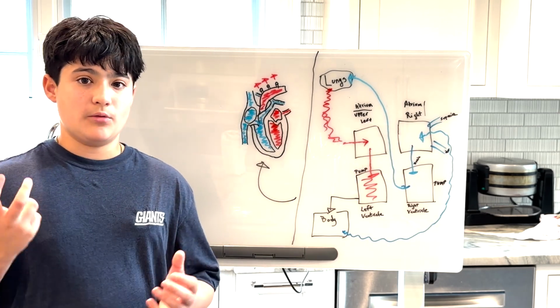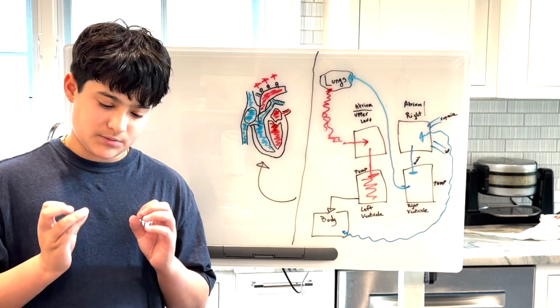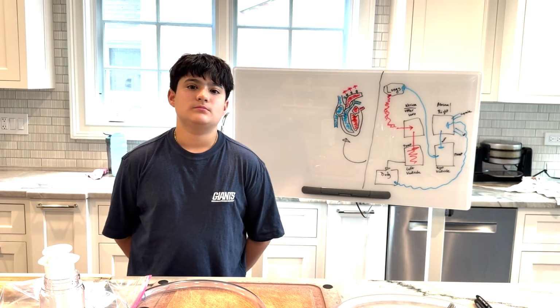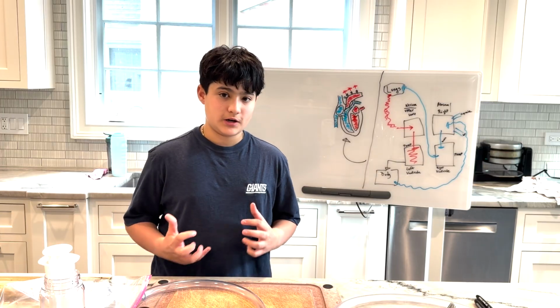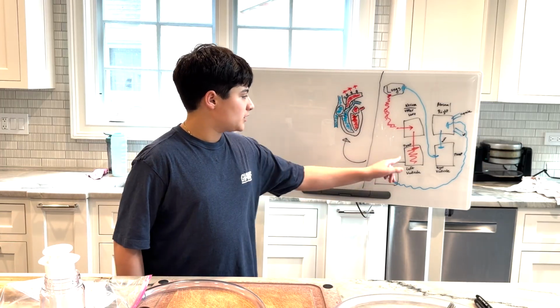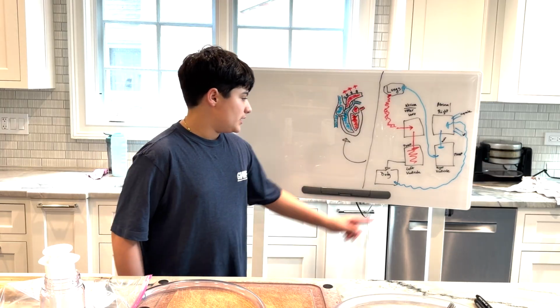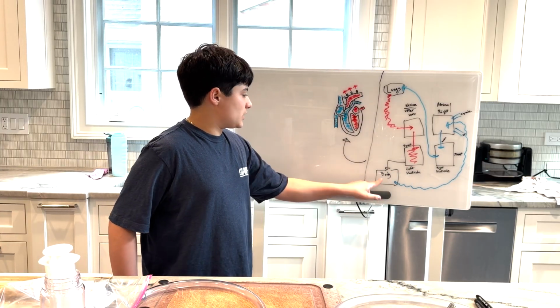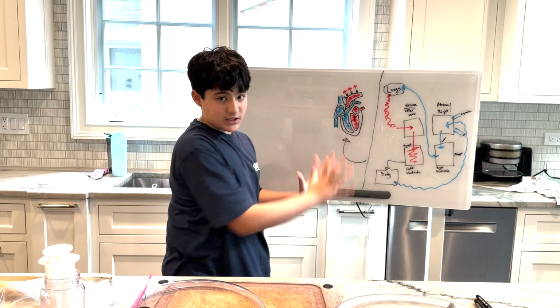Now let's show you how the pump of a heart works and how it can be affected when something's blocking the tube. Alright, so now we're going to show you how the pump of a heart actually works. Remember, we're talking about these types of pumps here. In this situation, we're going to be showing you how the left ventricle pumps blood to the rest of the body.